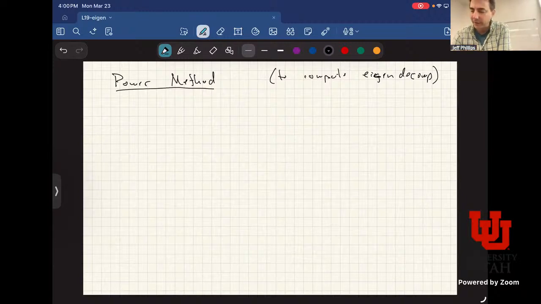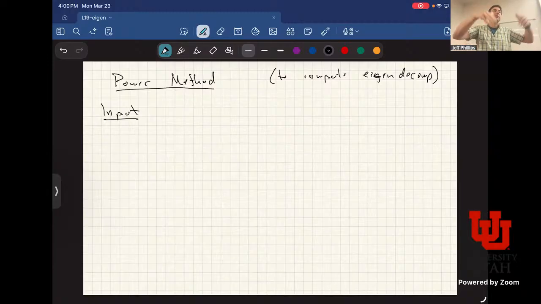Okay, let's describe this algorithm. It's going to be kind of like gradient descent in that it's an iterative algorithm, and you run it a bunch of times and it will get closer and closer to the right answer.